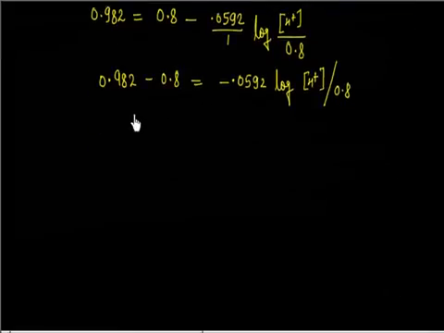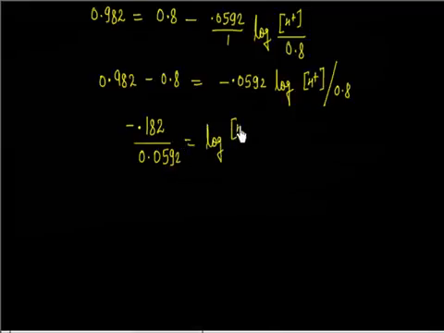Now let us solve this one. We have minus 0.182 divided by 0.0592 equals log of H plus divided by 0.8.